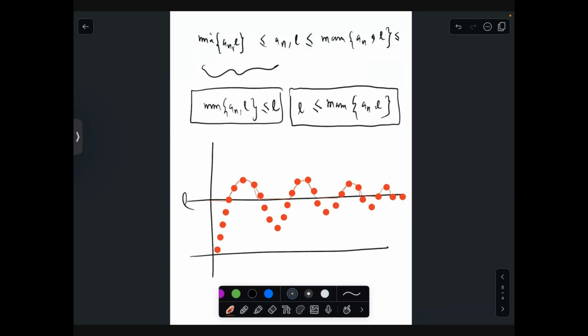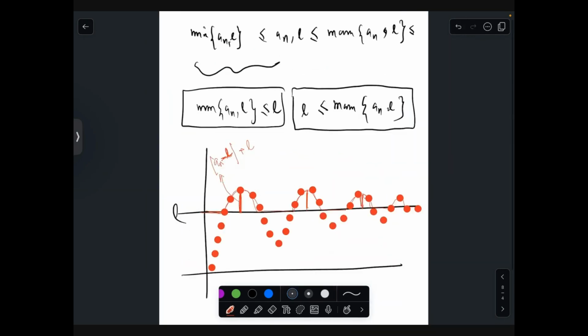Okay, here's an interesting thing. If you observe that there's a protrusion, we are trying to understand it geometrically. So now, what is the length of this protrusion? The length of this protrusion is nothing but the mod of An minus L, or rather An minus L, plus L. I'm just thinking of a new equation.